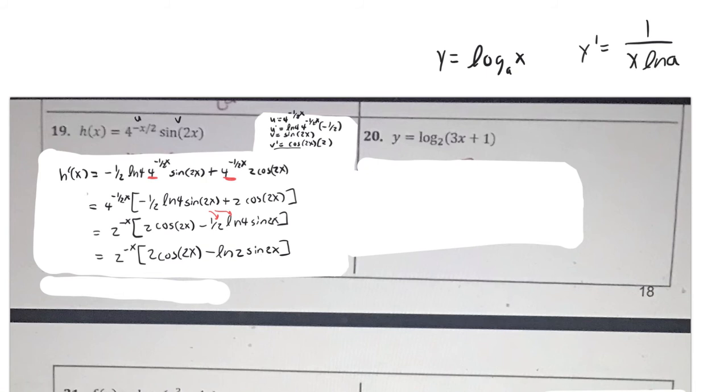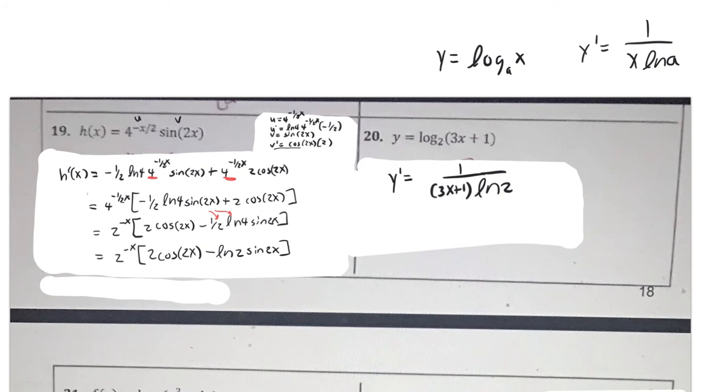Okay, so that is exactly what we're going to do here. We're going to say y prime is really 1 over x, meaning the quantity that's being logarithmed right there. It's going to be 3x plus 1 times ln of the base. In this case, it's 2.